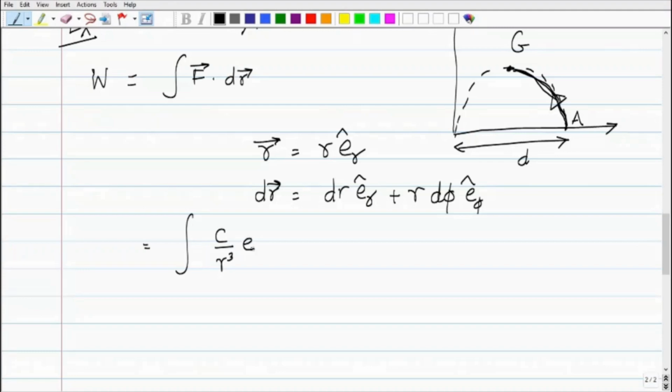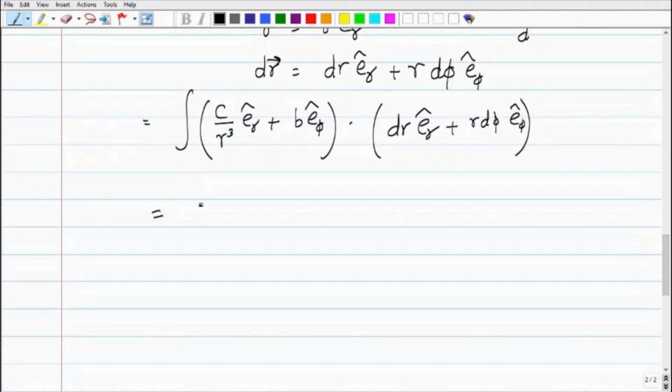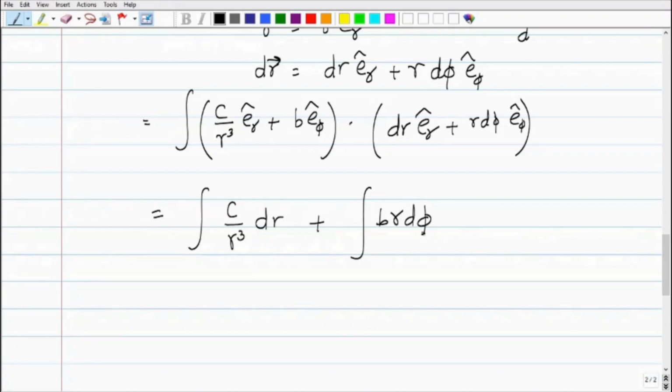So we can simply plug this in the formula over here, and so we have integration of c over r cube er plus b e phi, dot with dr er plus r d phi e phi, which is simply c over r cube dr plus b r d phi, isn't it?